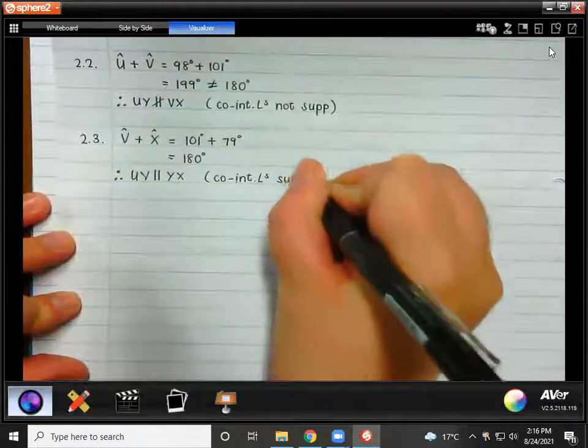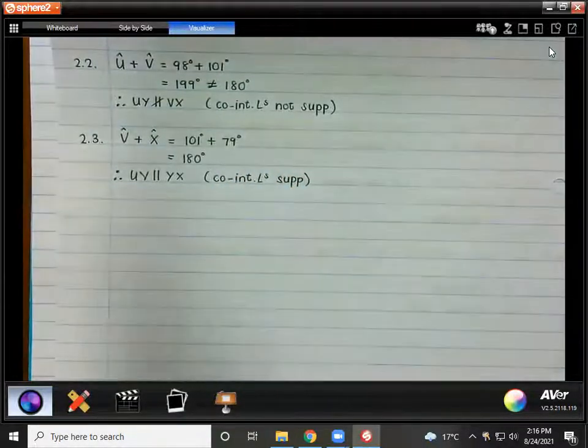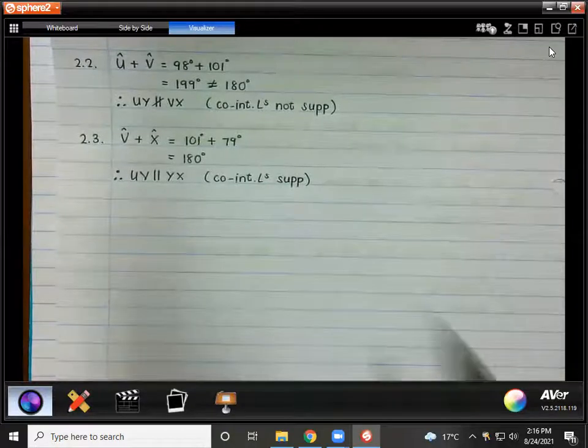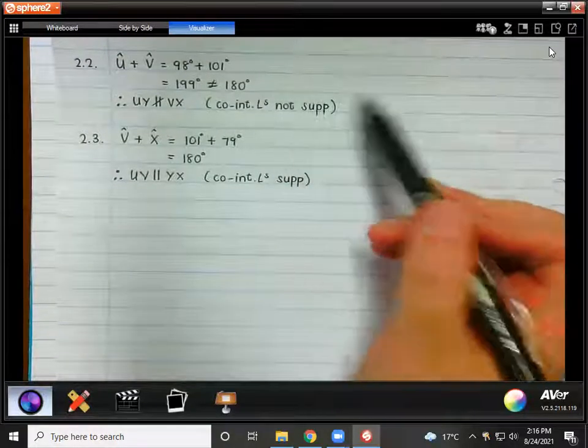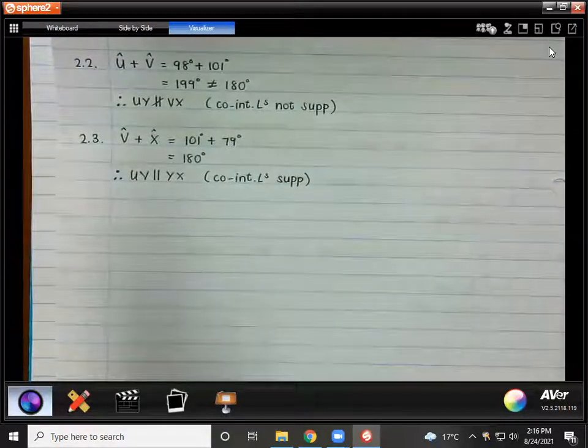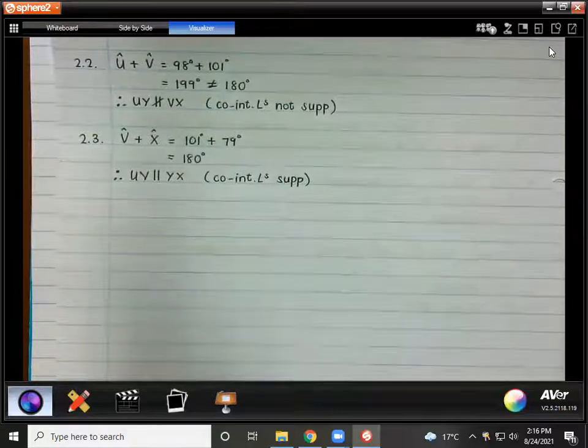And now you can just say supplementary, or you can also say equal 180. And for this one, you also could have said is not equal to 180. All right, are we fine with that one?